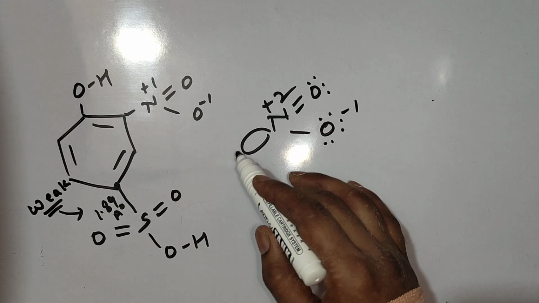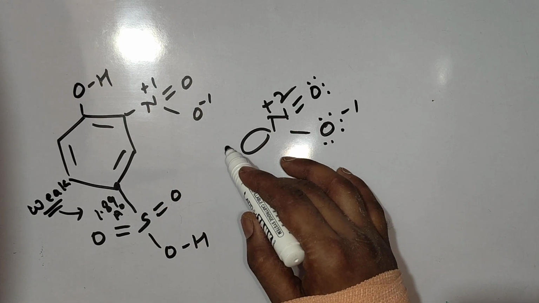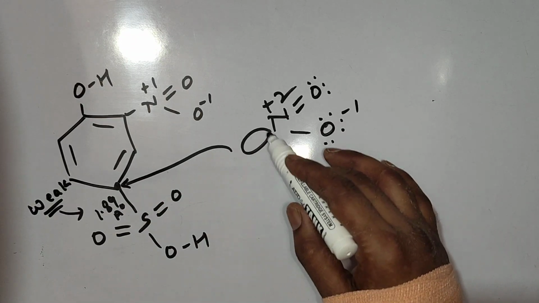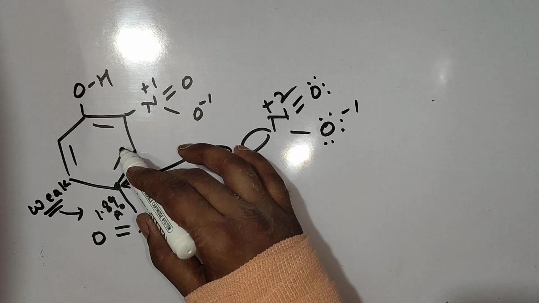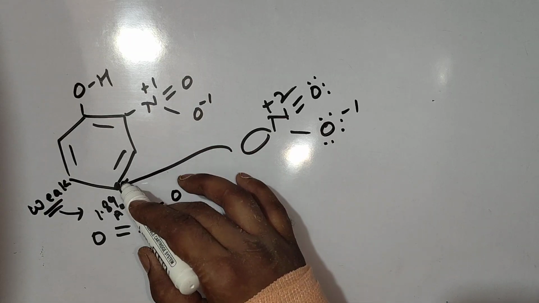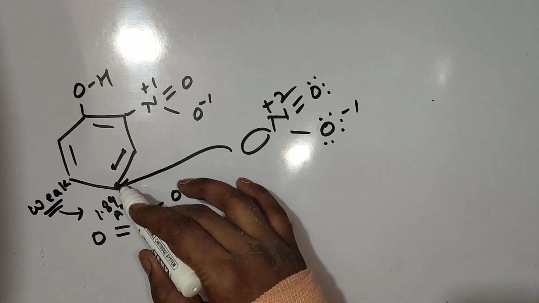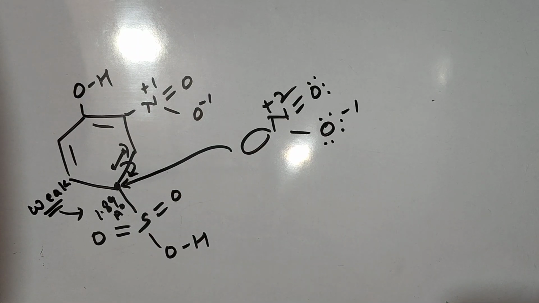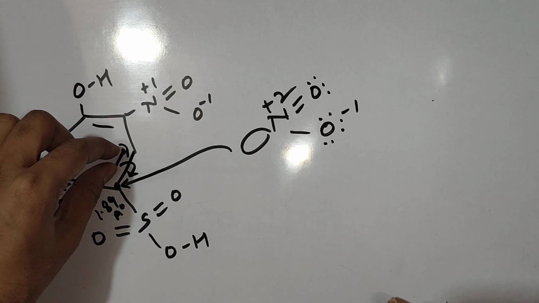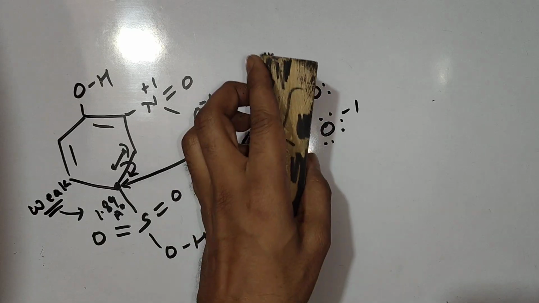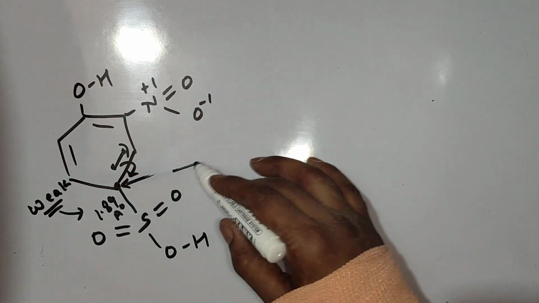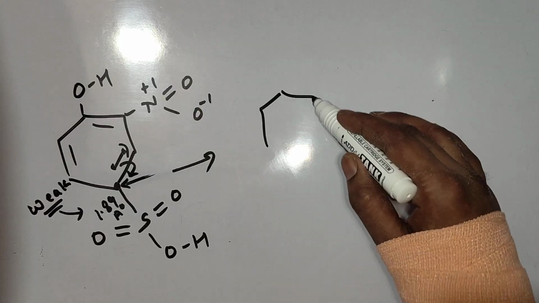Now let's start. With a vacant orbital, when it attacks a para carbon, obviously nitrogen does not have electrons, only a vacant orbital. So for bond formation, electrons will be provided by this carbon by shifting pi electrons here. With the help of these pi electrons, it will make a dative bond with nitrogen. So the next condition will be this.